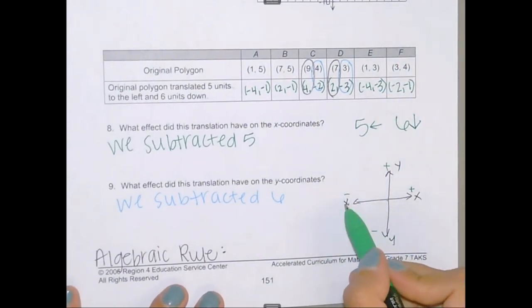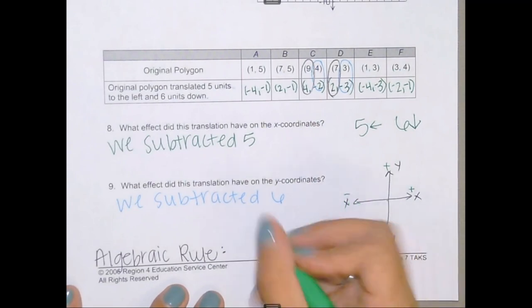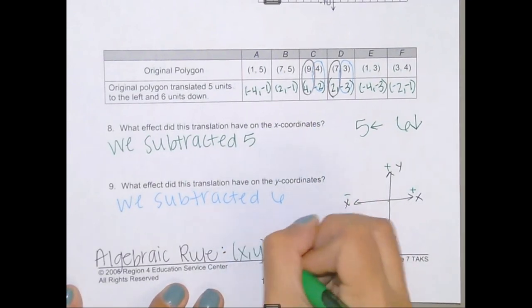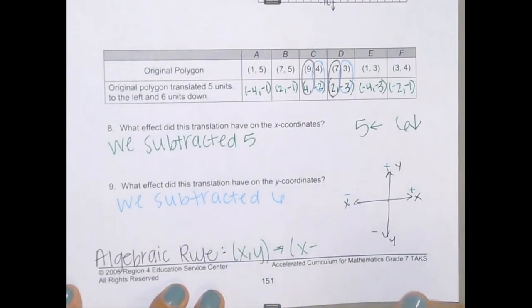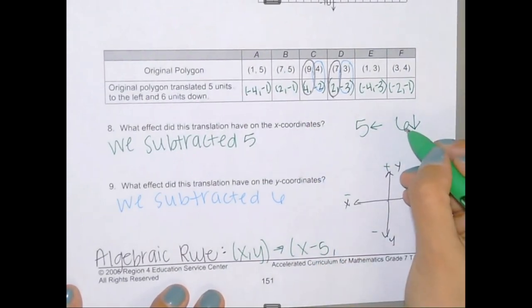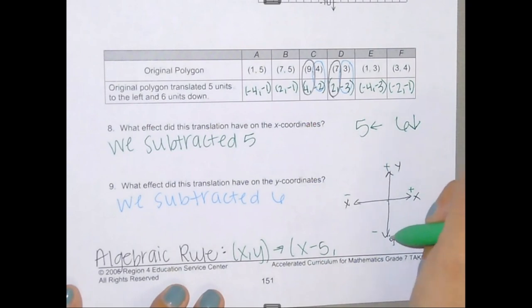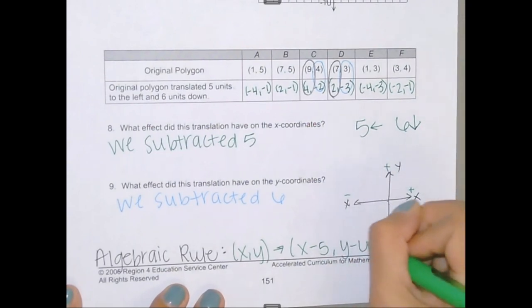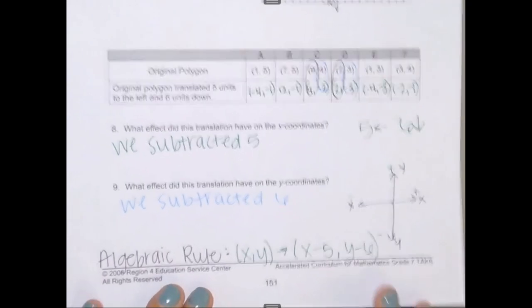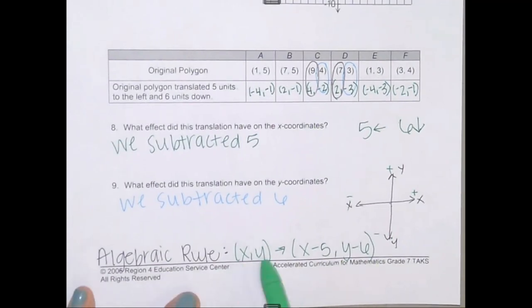When I go to the left, that's my x-coordinate, and it is a minus. So x minus 5. And then we did 6 down. So down is my y, and it is also minus. So y minus 6. So your rule should have been x, y turns into x minus 5, y minus 6.